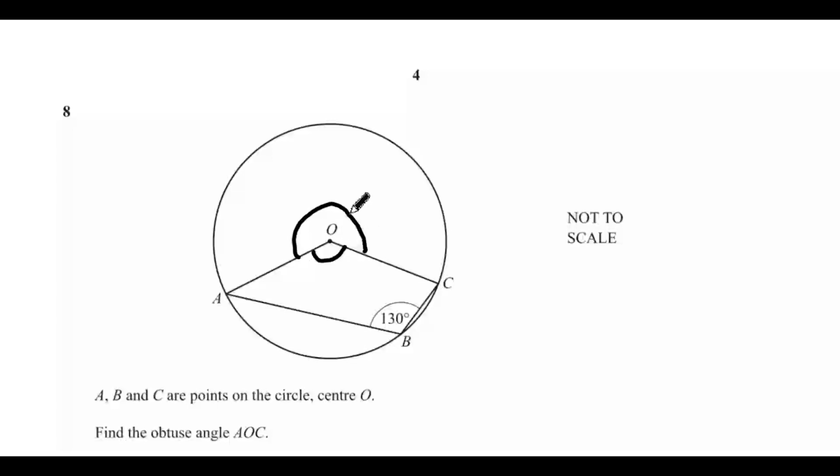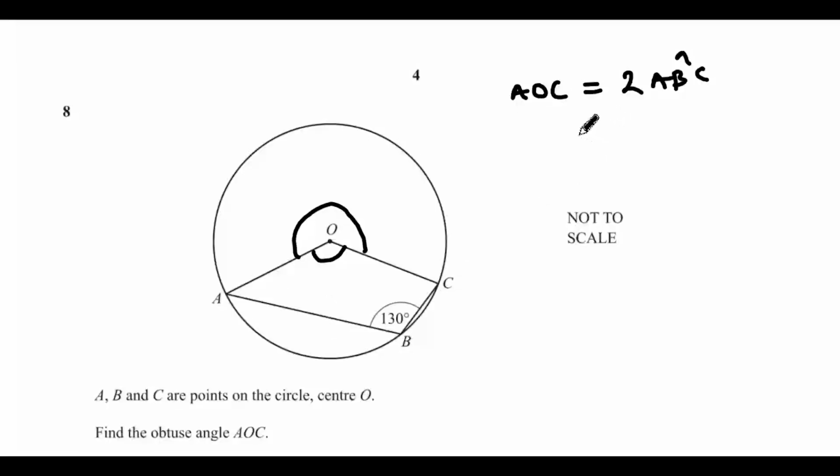So we know that the reflex angle AOC will be equal to 2 times ABC, because this is the angle at the center subtended by the arc AC, which is twice the angle at the circumference, that is angle ABC.